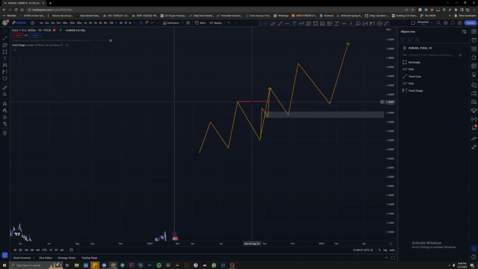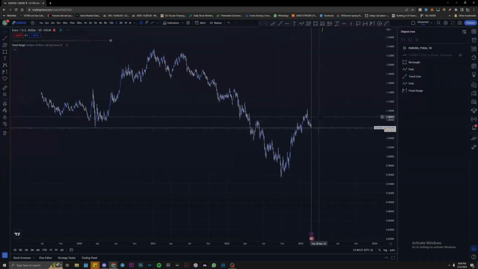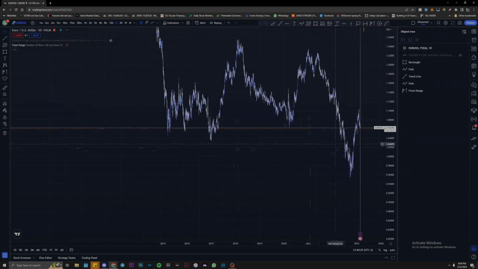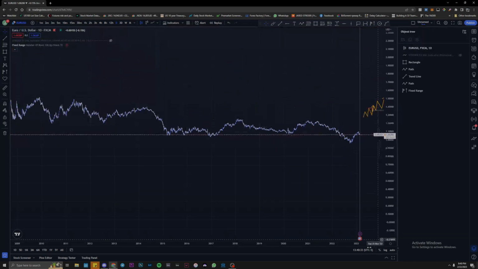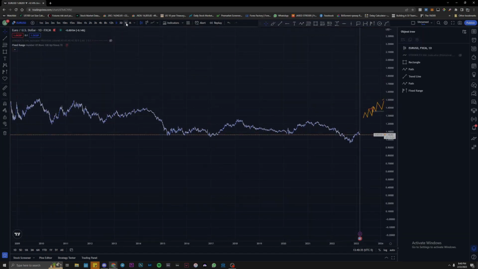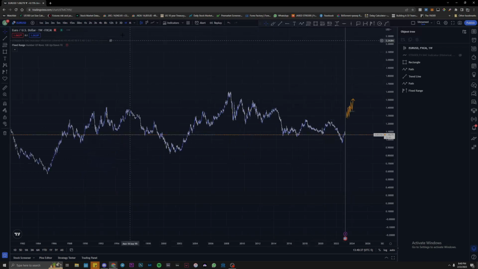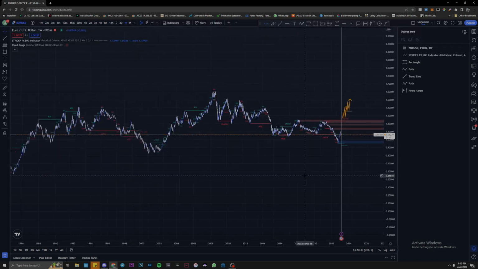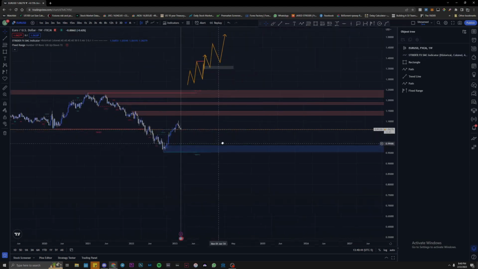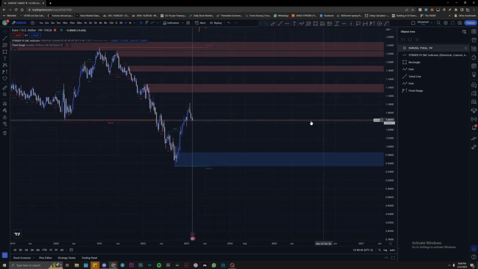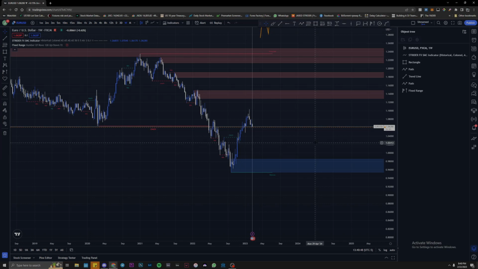So you've got to look at the higher time frame break of structures, change of characters, and then what is that zone, that last down close or up close candle that caused that. So if we look here, this was the last up close.